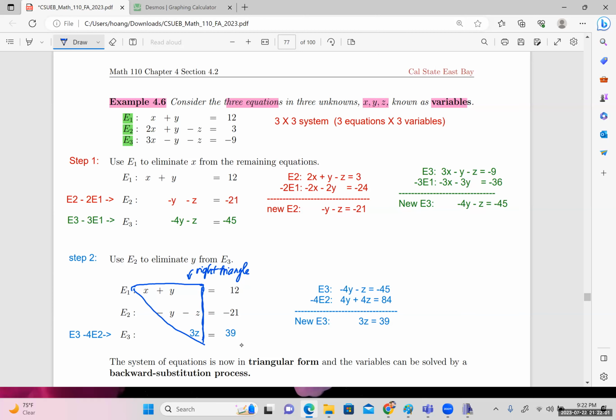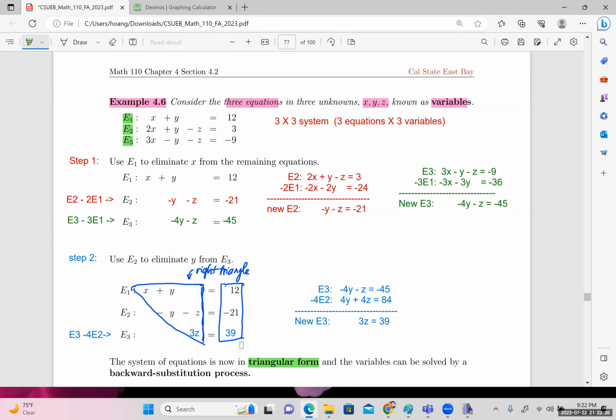And the right-hand side is just a rectangle. So in this case, you will say that the system now is in triangular form.